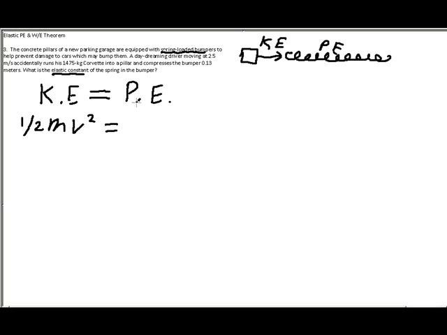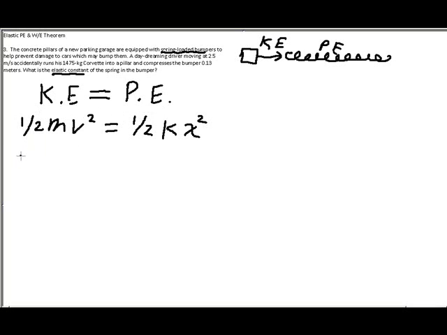The potential energy within a spring is described by the equation 1/2 kx squared. This is specific to the spring, and the other is specific to the car that's going to undergo the collision. And one of the critical pieces here is that the total amount of kinetic energy must match the total amount of potential energy in the end.